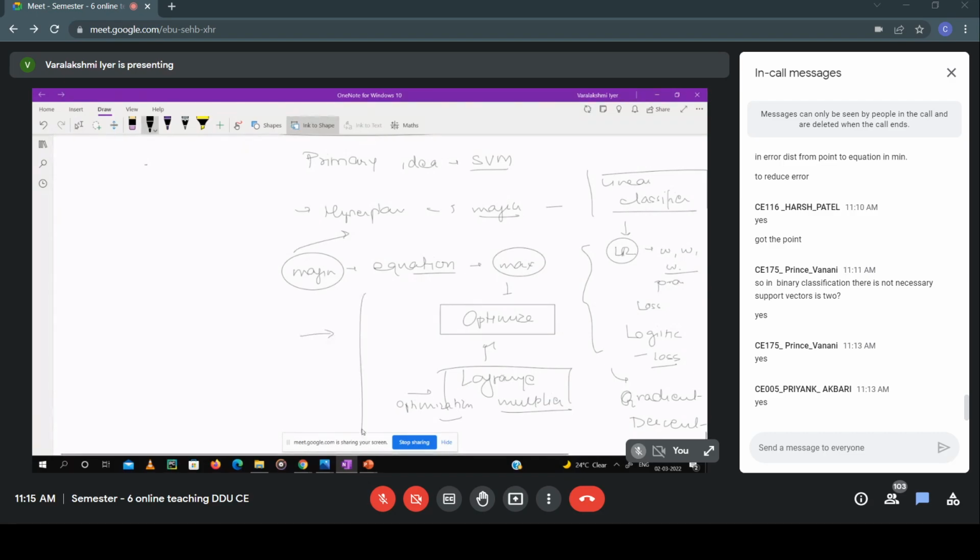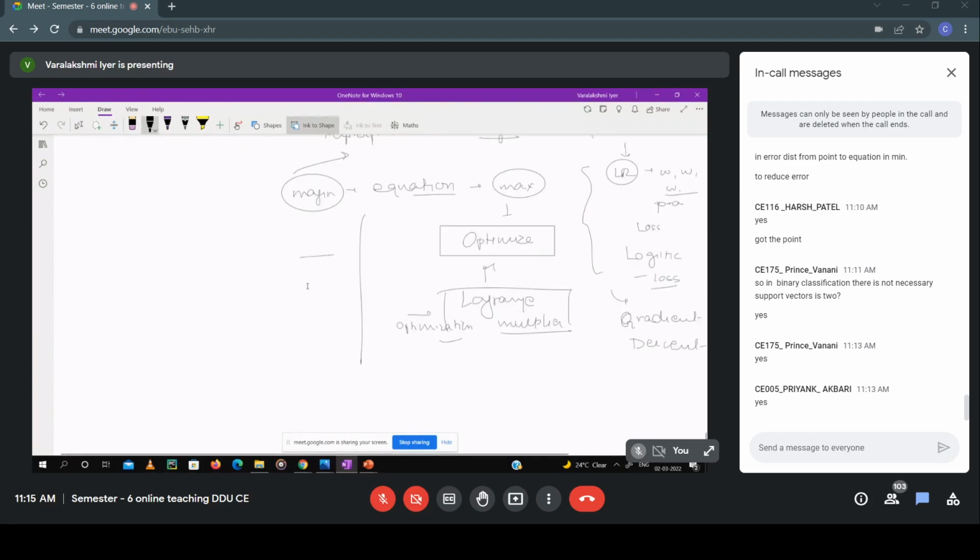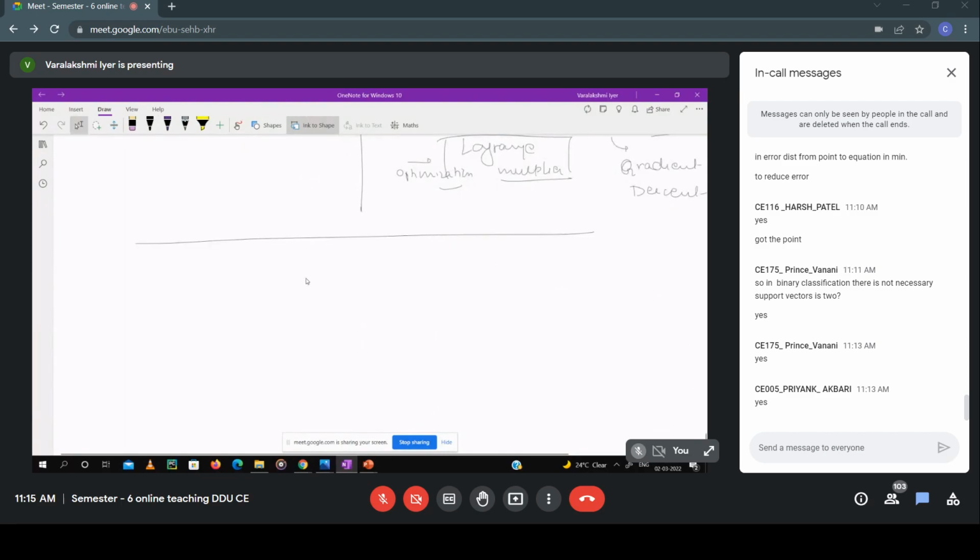So first, let us start with defining the equation of the hyperplane that we have. We'll be making certain assumptions in the case of support vector machine. The first assumption is what the equation of the hyperplane is.